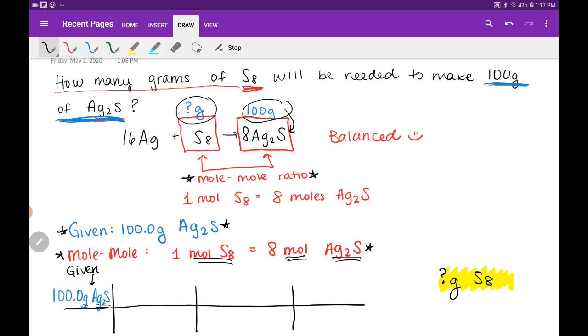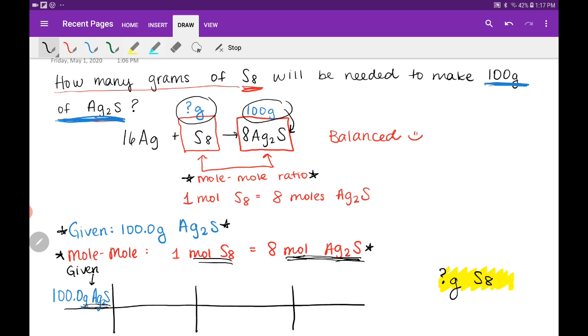So we know that grams is not going to cut it. So what we're going to do is we're going to have to convert from the grams to the moles, because the goal is to be able to use the mole-mole ratio. That is our first primary objective. So from these grams, we're going to convert to moles.